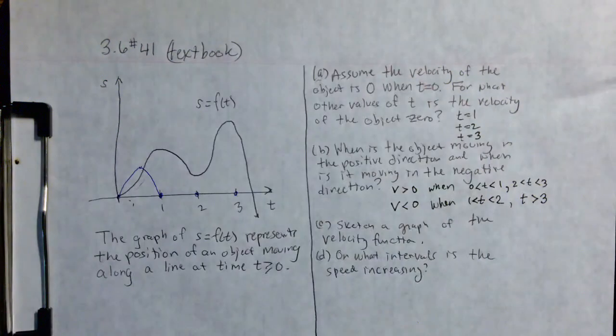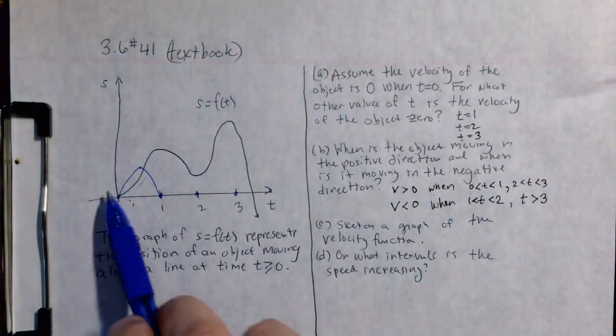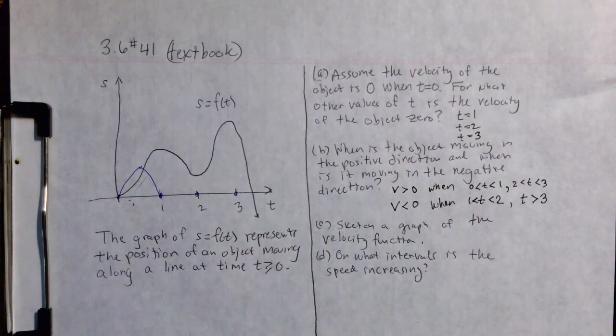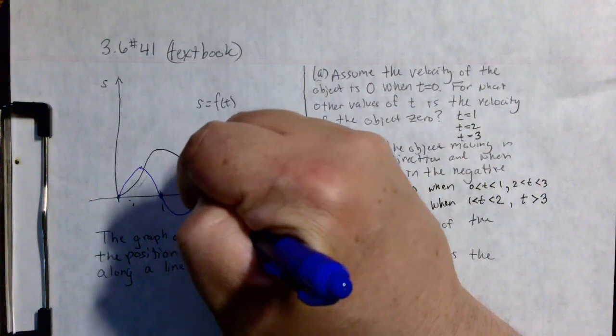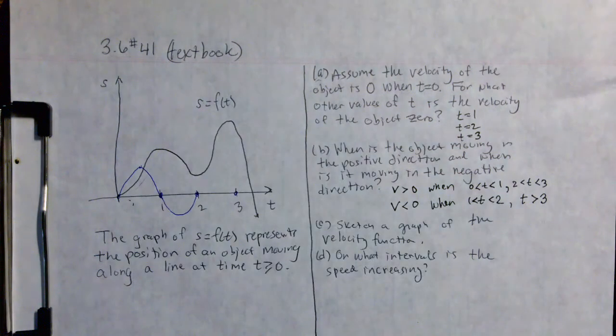We know it's going to be positive, and it starts at 0 and ends at 0. Where it starts to fall is where the graph of the position function starts to become less steep. And likewise, we're going to see a portion of the graph between 1 and 2 where the velocity is negative because the position is decreasing.